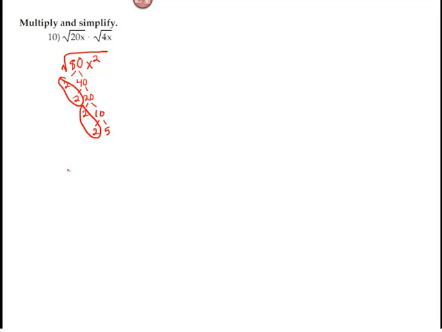So I have 2 2's on the outside, which is 4. And then I have just a 5 left over on the inside. Then I look at x squared. X squared is x times x. I'm looking for pairs. So I have a pair of x's, which brings out an x. I don't have anything left over to go on the inside, so my answer is 4x square root of 5.